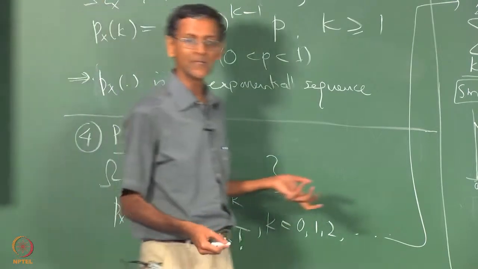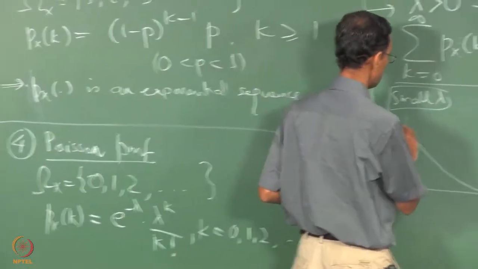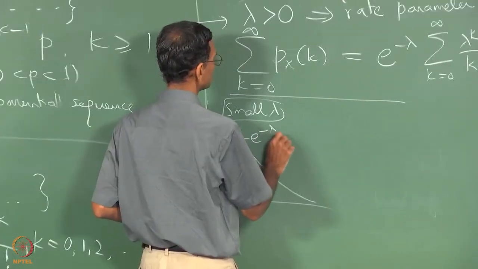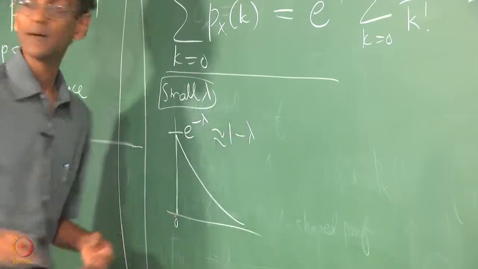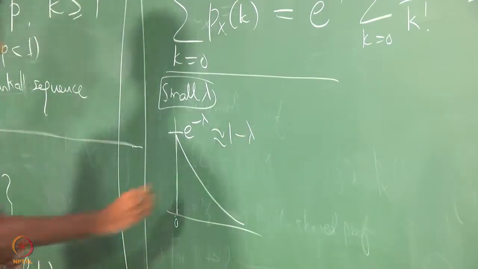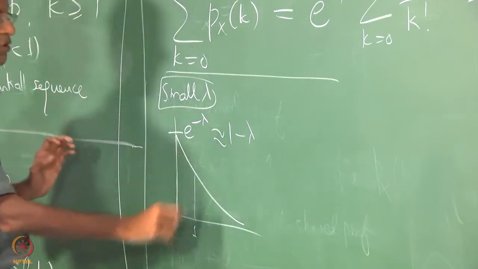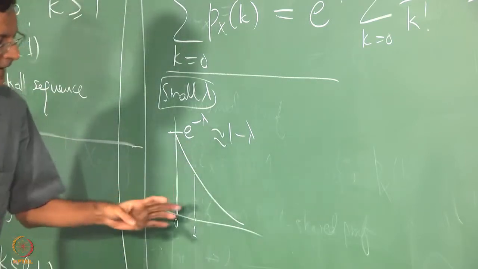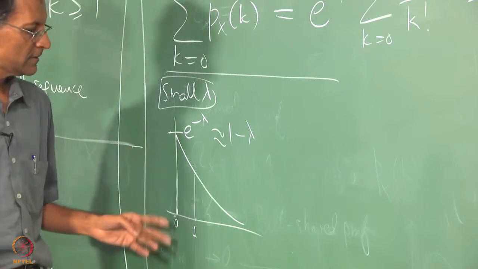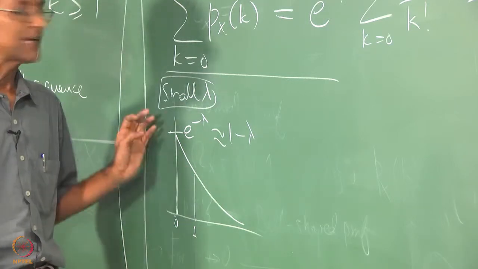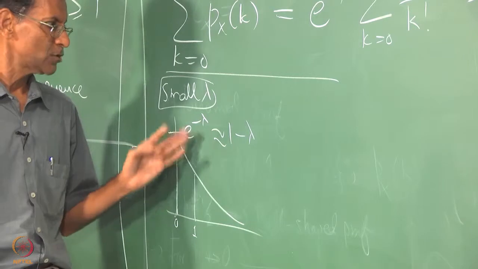For small lambda, what is this e power minus lambda? You can sometimes replace it by 1 minus lambda. With this kind of a pk curve, lambda is actually extremely small.